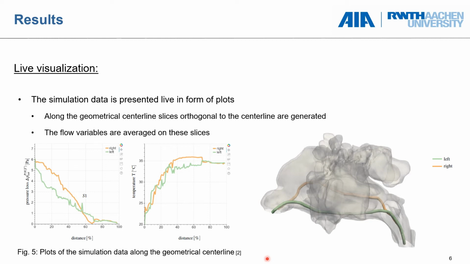And those values are calculated on slices which are orthogonal to the center line at an equidistant distance. And on those slices, these values are averaged and then plotted on this curve.